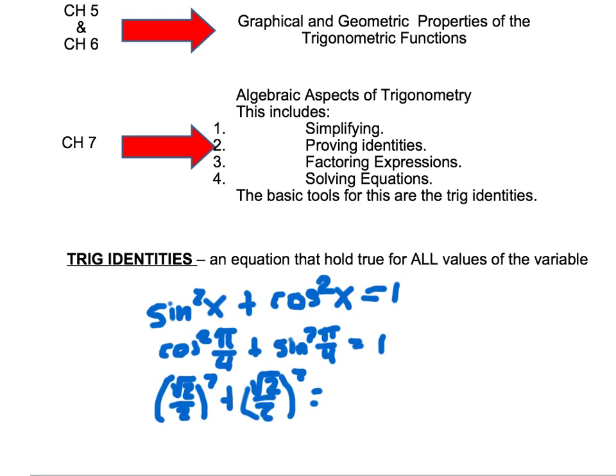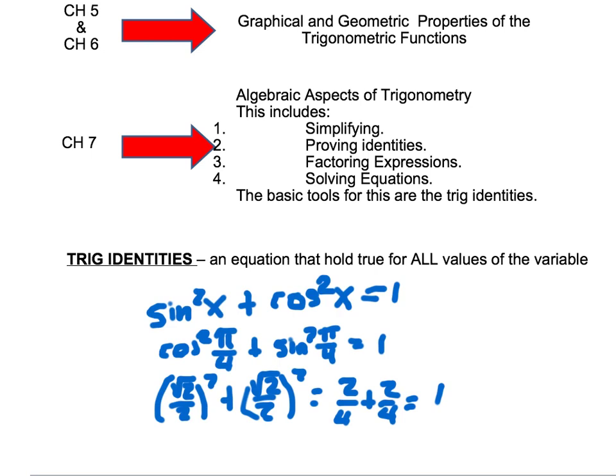Square root of 2 over 2 squared: square root of 2 squared is 2, 2 squared is 4. Plus 2 over 4 equals 1. That's just an example of one of our more popular trig identities and what the definition means. So there it holds true for pi over 4.